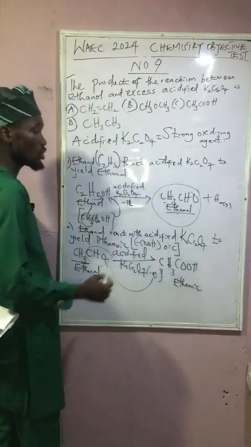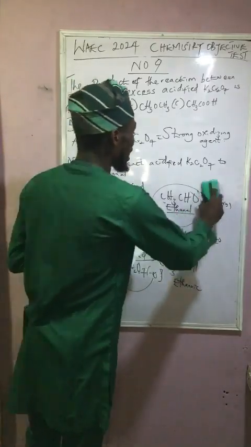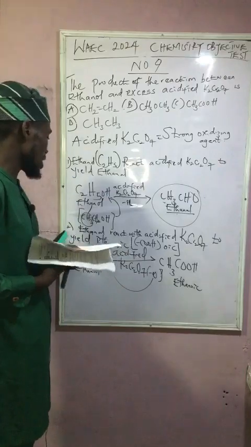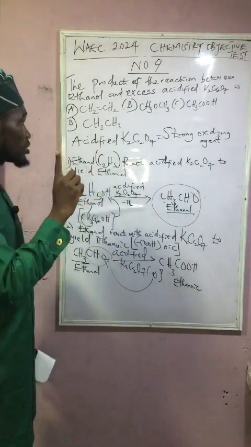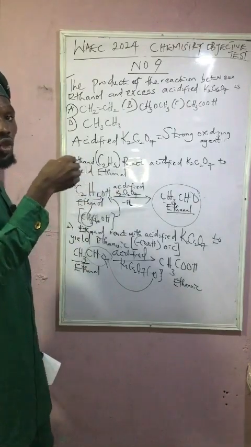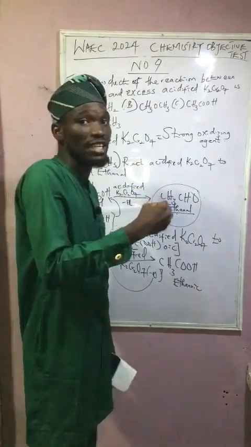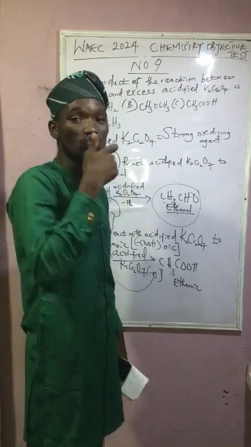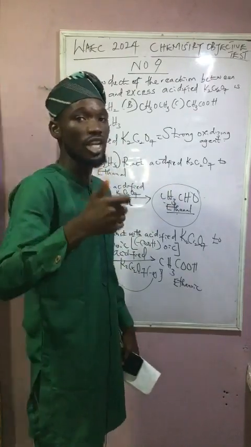So we have what class? Ethanoic acid. So class, anytime you are given a question under organic chemistry, the first thing you need to know is that, number 1, the catalyst given to you, you need to know if it is an oxidizing agent, if it is a reducing agent, or if it is a strong catalyst or a weak catalyst.